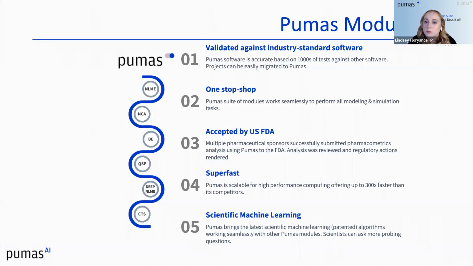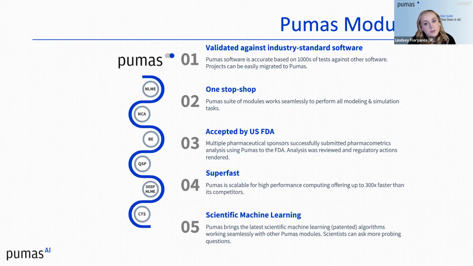And here are a few key points about Pumas that I'd like to highlight. Pumas is a software that has been validated against other industry softwares and is comparable or even better in certain circumstances. We are a one-stop shop, meaning that you can do your data wrangling, plotting, simulation, and reporting all in one software. Submissions using Pumas are accepted by the US FDA and have been approved.